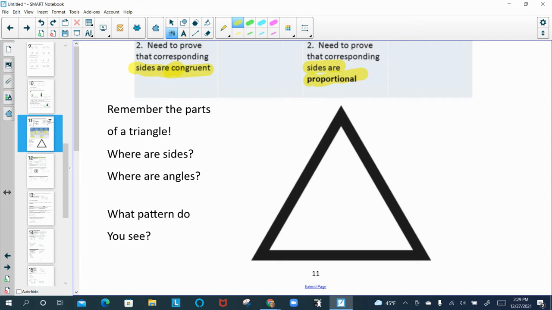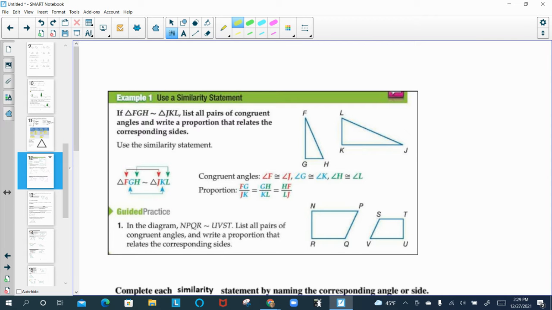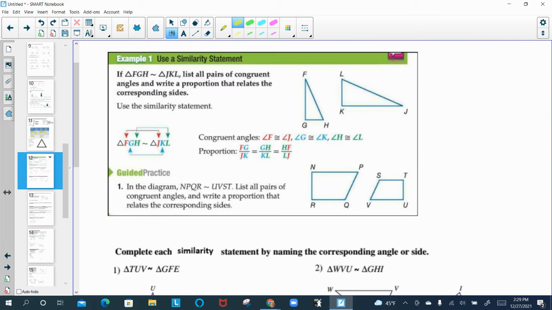So let's skip over to page 12, and we're going to talk about a similarity statement. Remember that with a similarity statement, just like a congruence statement, you have corresponding sides and corresponding angles. But the difference here is that the sides are not going to be written as congruent when the triangles are similar. They're going to be written as proportions or ratios.